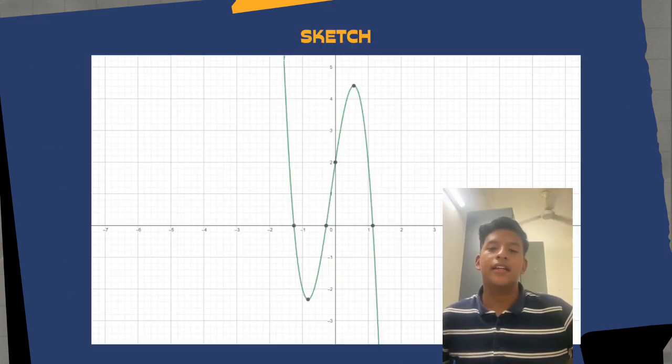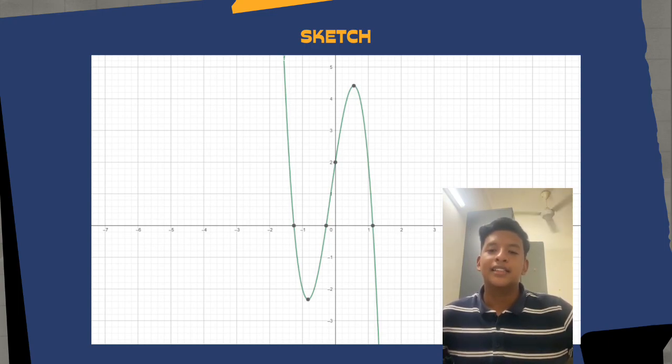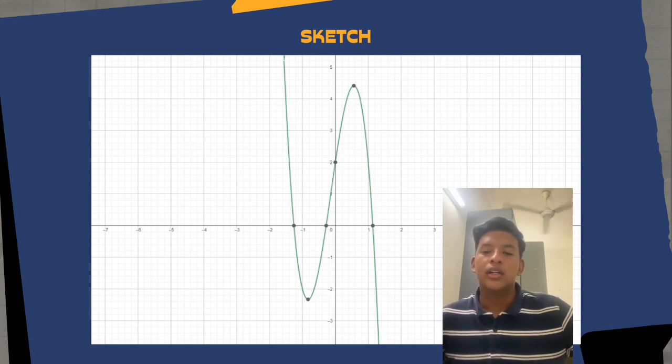Intersection with the x-axis, y = 0: 0 = -5x³ - 2x² + 7x + 2, x is -1.26 and 1.14, so the points are (-1.26, 0) and (1.14, 0).